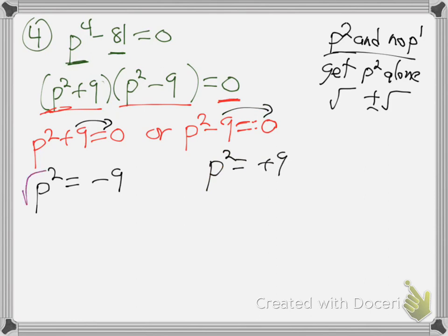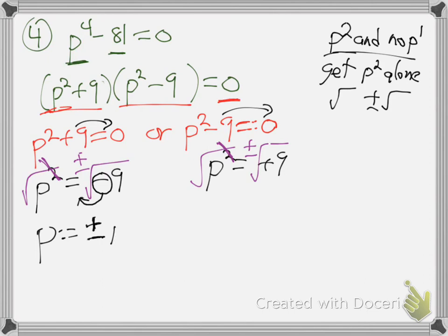And then you put the root over, plus or minus. The rooting cancels the squaring. So you get p alone, plus or minus. And what does a negative inside a root always do?